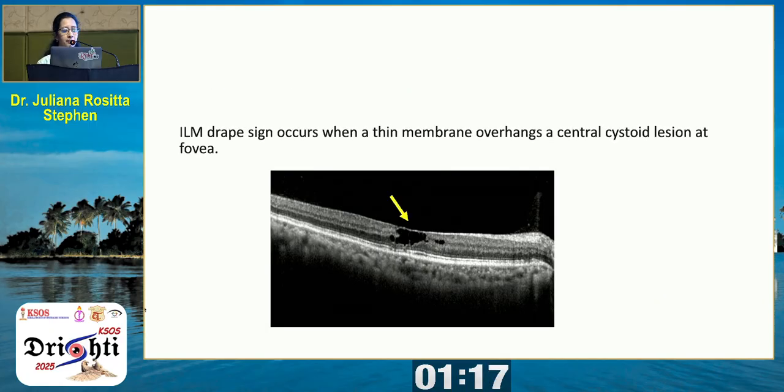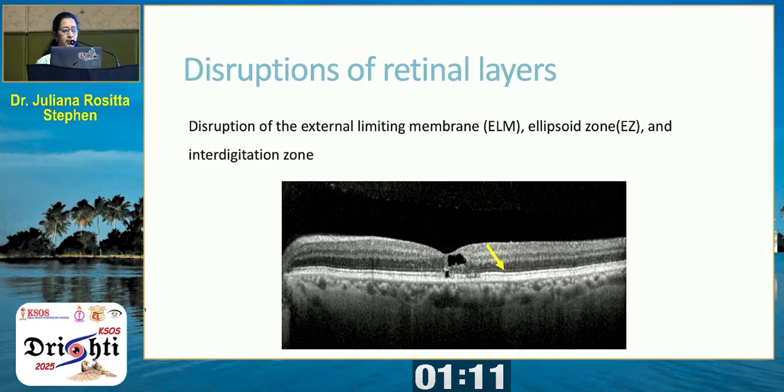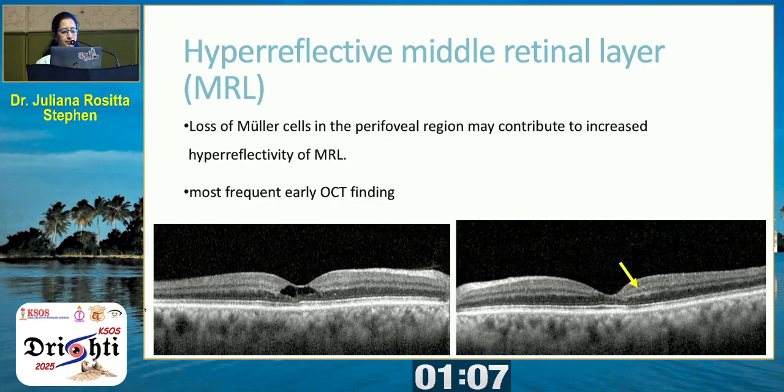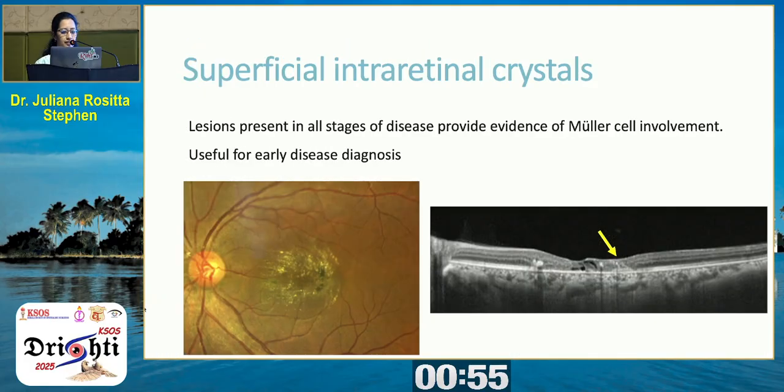ILM drape sign occurs when a thin membrane overhangs a central cystoid lesion at the fovea. Disruption of the EZ and the ELM may occur. Loss of Muller cells in the perifoveal region may contribute to increased hyperreflectivity of middle retinal layers. It is the most frequent early OCT finding seen in the fellow eye of a MacTel patient.